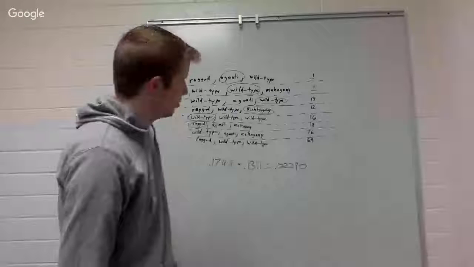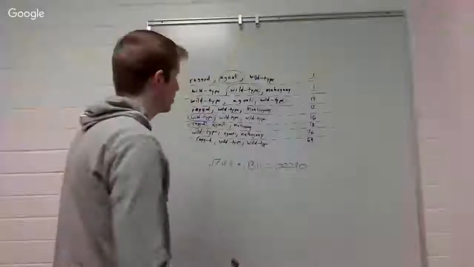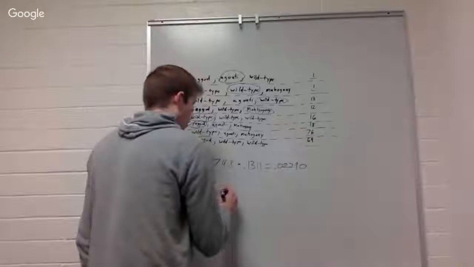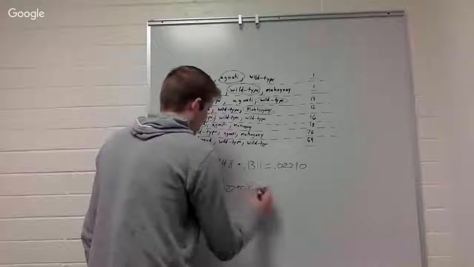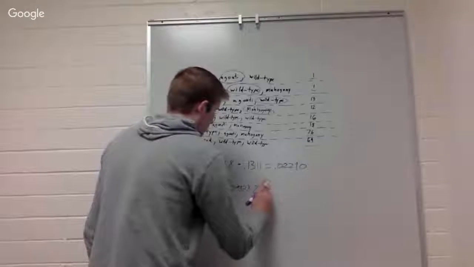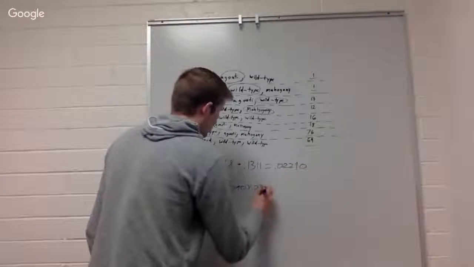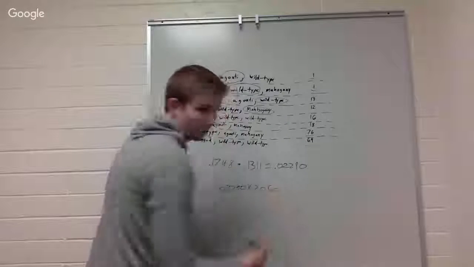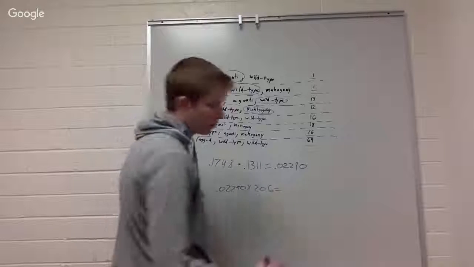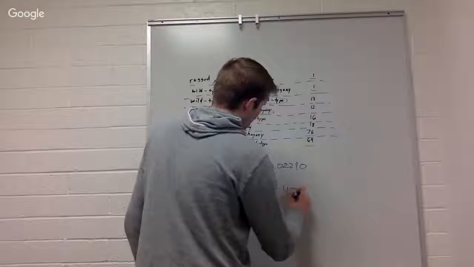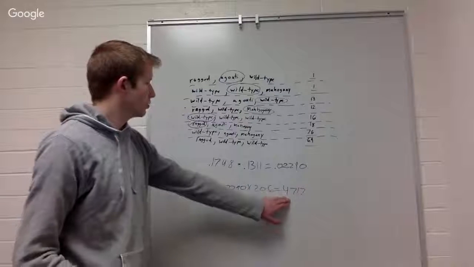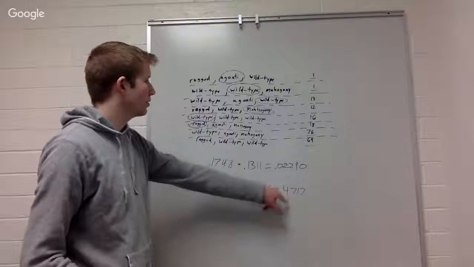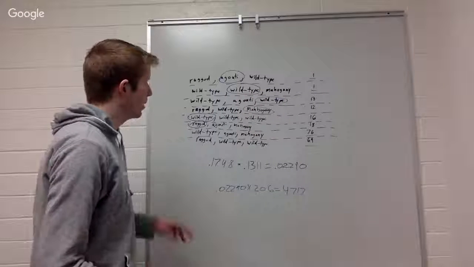And then once we have the 0.02290, you times it by how many offspring we have again. 0.02290 times 206. And then from that we got 4.717. And so that's what we hope to get out of this ratio.